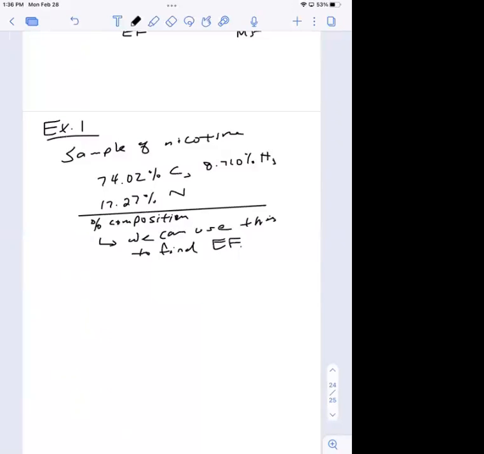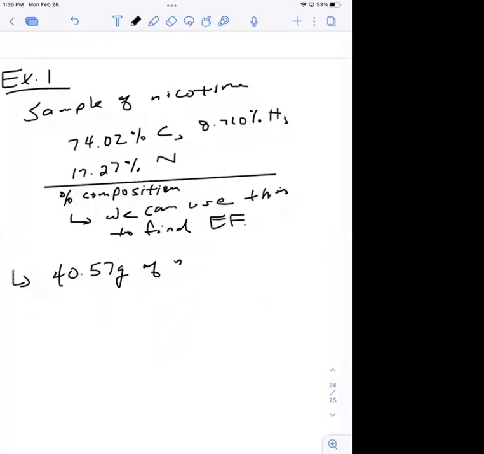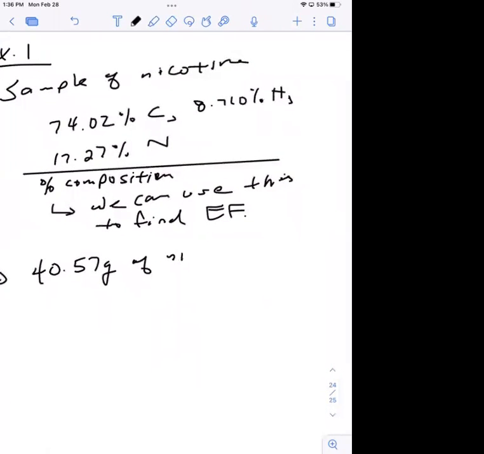Then it gives us another piece of information. It says that 40.57 grams of nicotine is 0.25 moles.